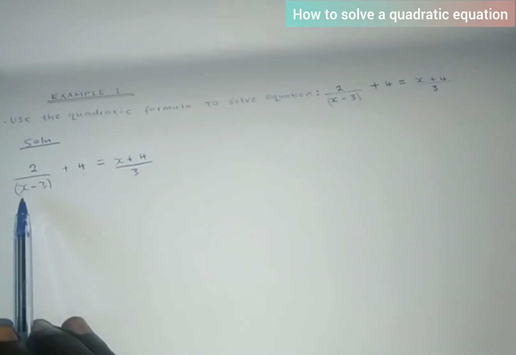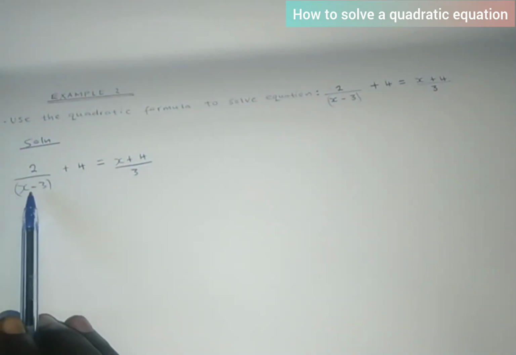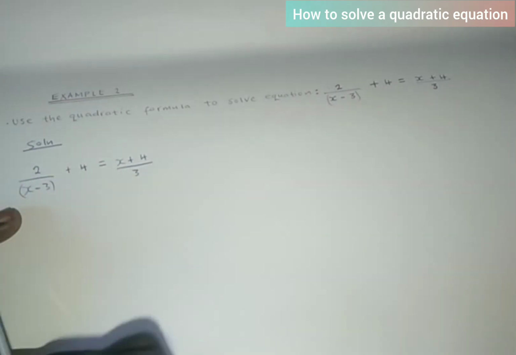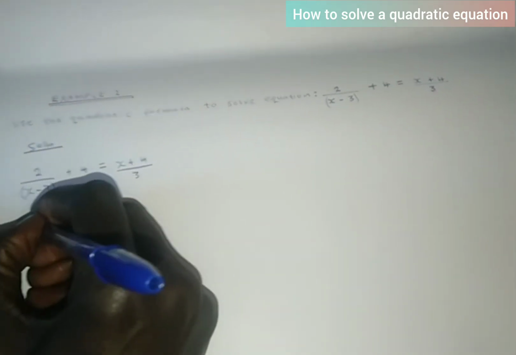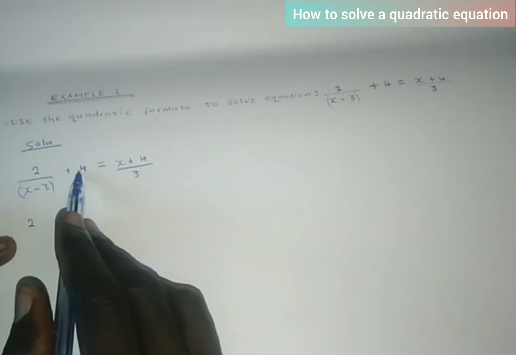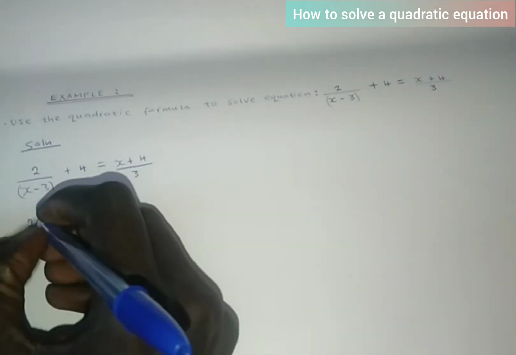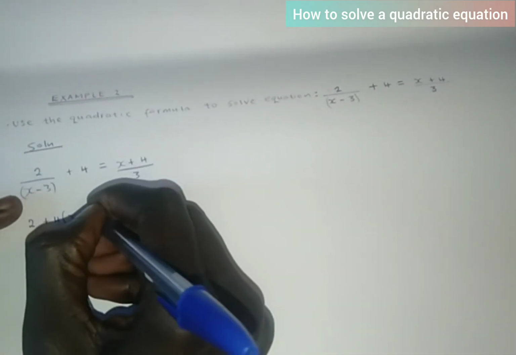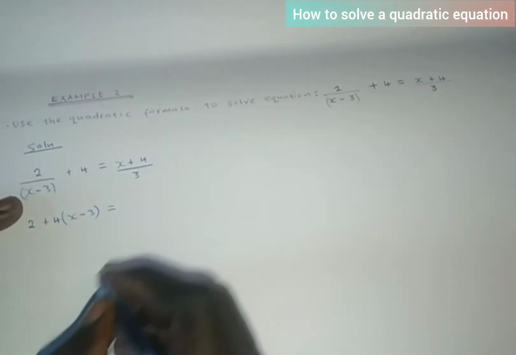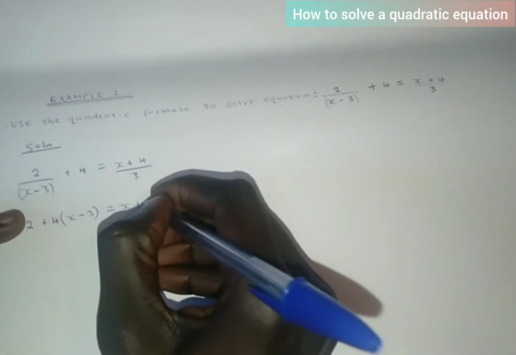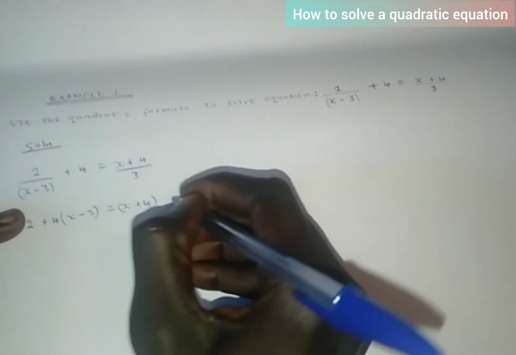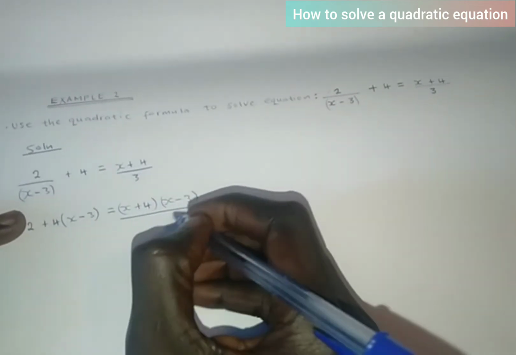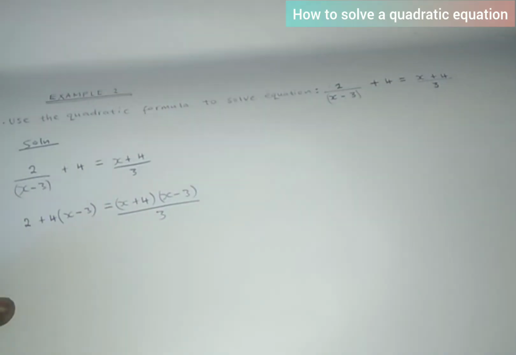So we multiply everything by this x minus 3. So it will cancel out. In the first case it will be 2. Then if we multiply plus 4 into x minus 3, is equals to x plus 4 times x minus 3, divide everything by 3.